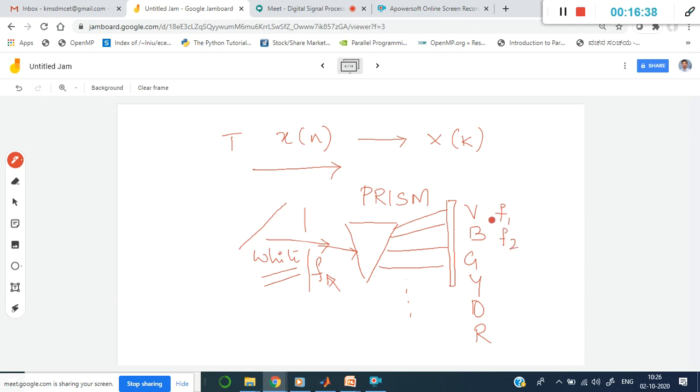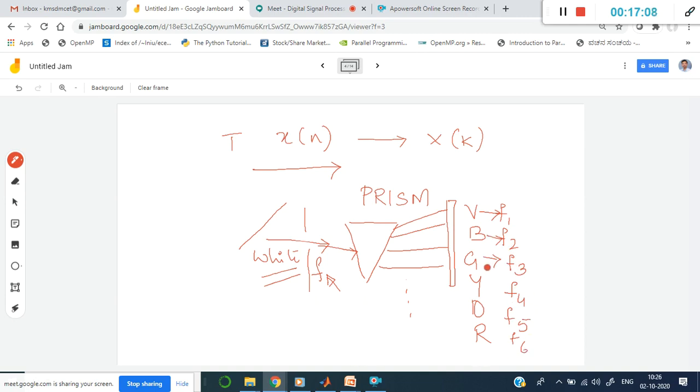See, when I say different light, obviously I take this as a signal. So maybe one light is traveling with a frequency of F1, the blue color light is traveling with a frequency of F2, then one more signal F3, one more signal F4, one more signal of frequency F5, and one more of frequency F6, right?